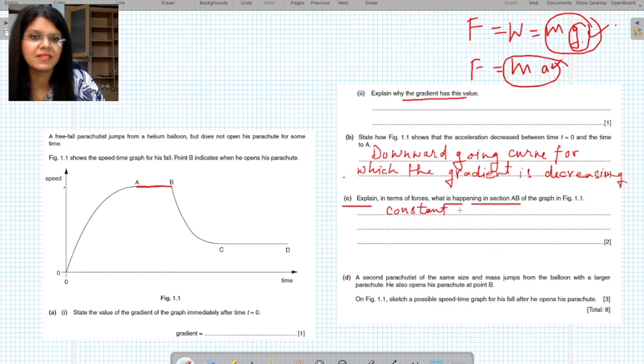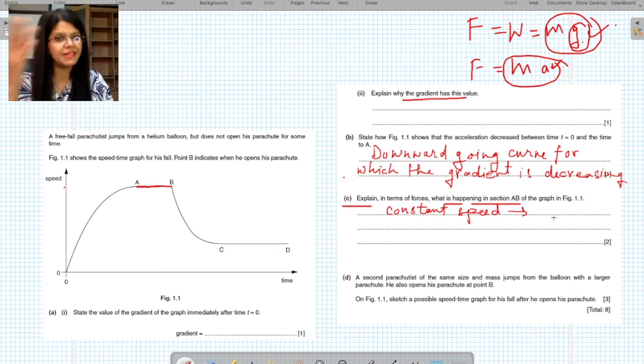Which means you are not increasing your speed, you are not accelerating. Zero acceleration. Zero acceleration means no force.